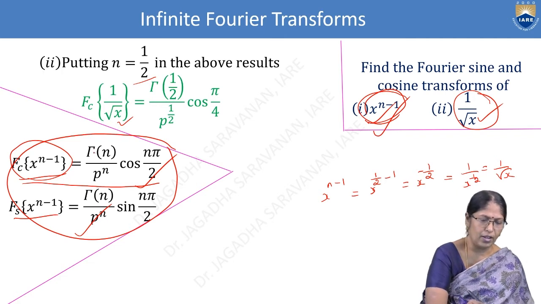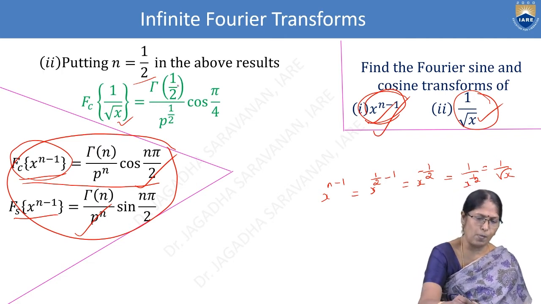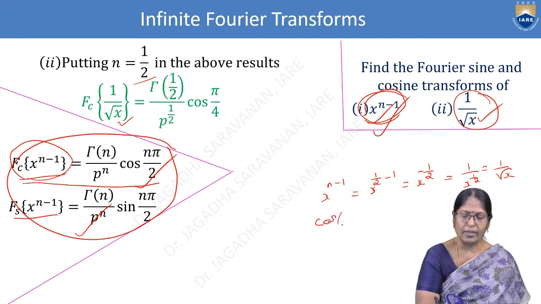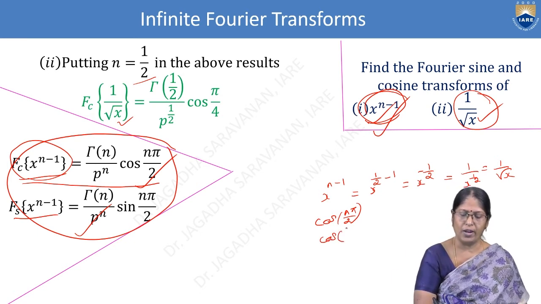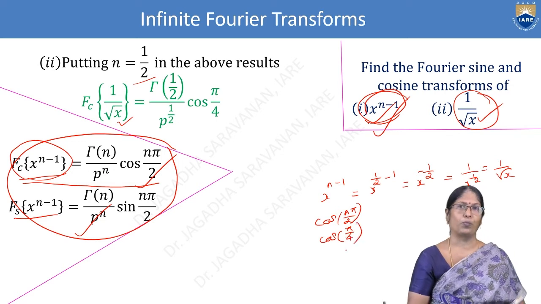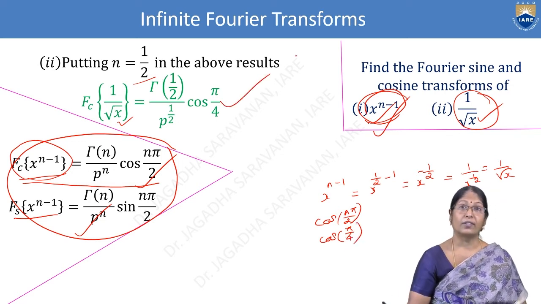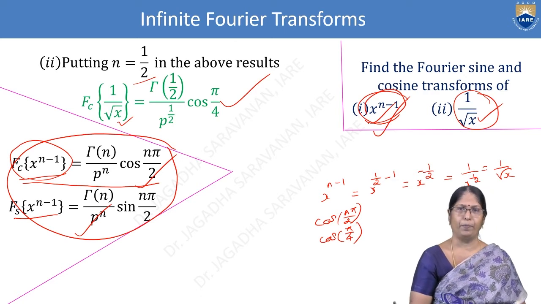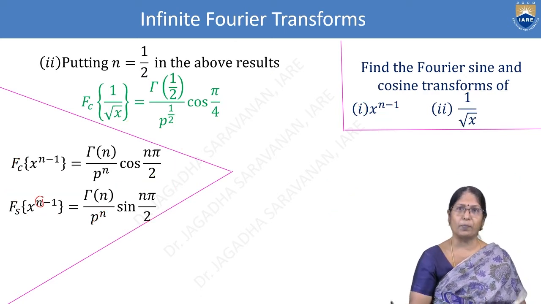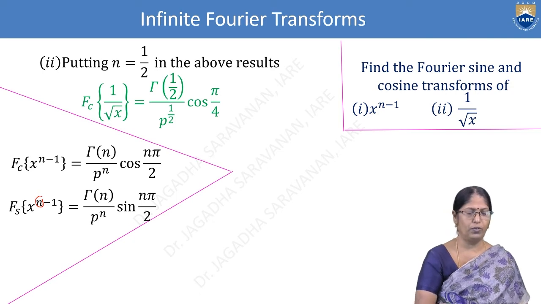The right side, gamma of n, that is gamma of 1 by 2 by p power 1 by 2, times cos of n pi by 2, where substituting n as 1 by 2 gives pi by 4. So Fourier cosine we completed first. Similarly, Fourier sine is also to be done. In the n place we substitute 1 by 2, we know it.